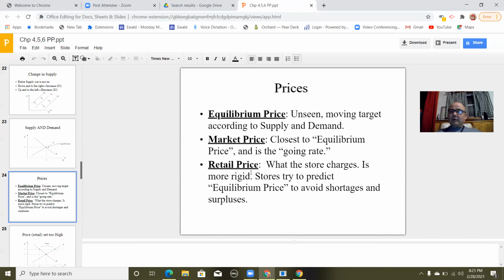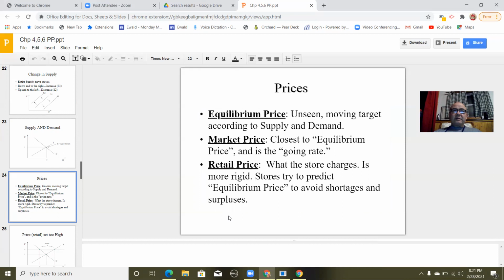Walmart, for example, sells thousands and thousands of different products in their stores. And there is an economist somewhere in the Walmart headquarters in Arkansas trying to figure out across the country, and I could just pick any random good like brooms, for example.